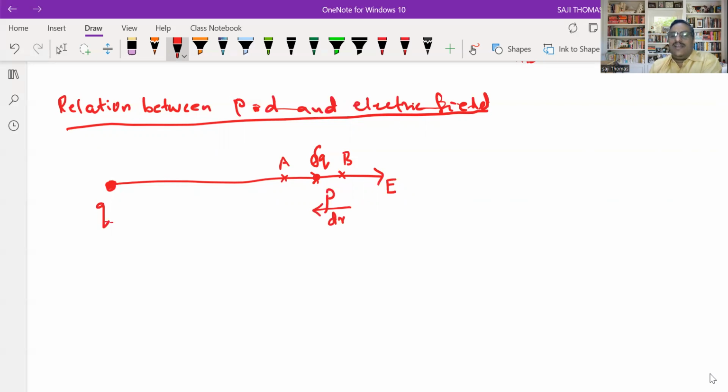See, electric field and dr are opposite. We are moving the charge against the electric field.